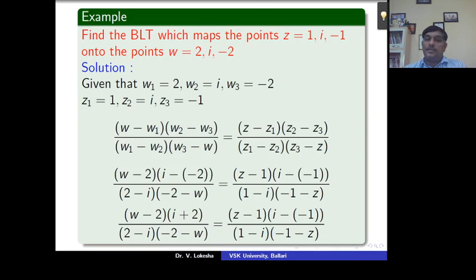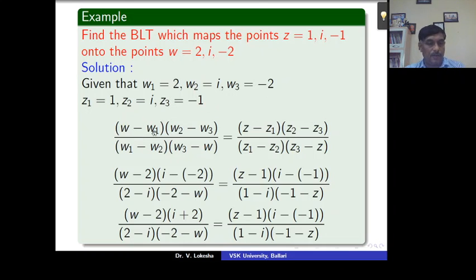One more example related to bilinear transformation, which maps 1, i and −1 onto the points 2, i and −2. You can take it as it is and substitute in the cross ratio formula.